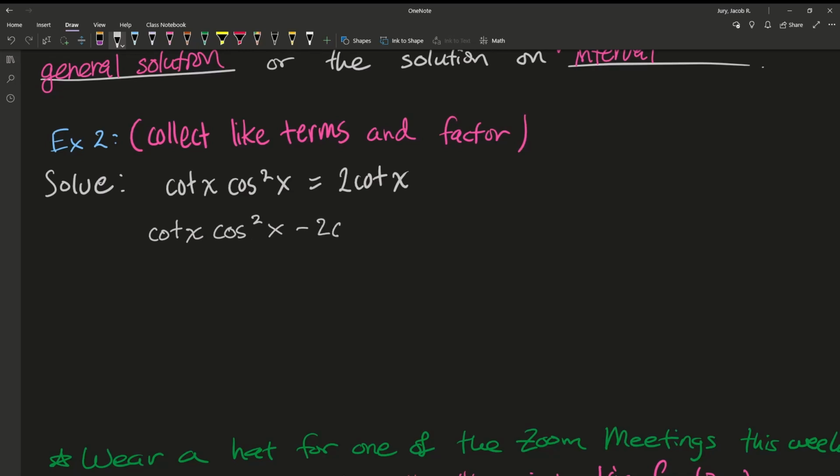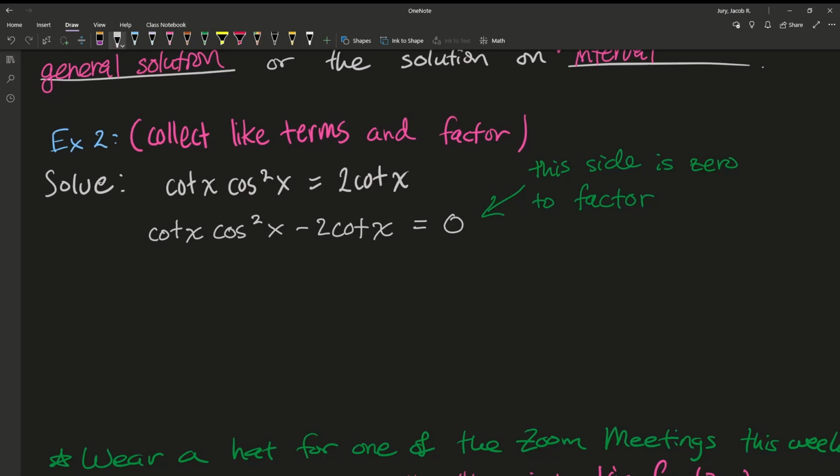So I'm going to subtract cotangent x, and I'm going to set up a factoring situation. And it's really important one side is 0. So we can use the zero product property, which is why factoring is so nice.